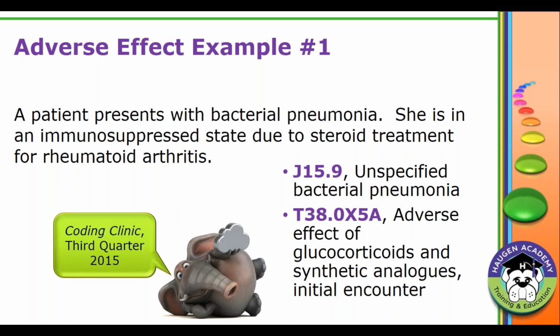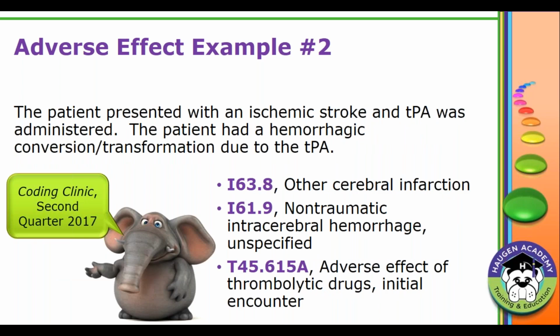But the interesting thing they said is that you don't code the immunocompromised state if it is an adverse effect of a medication. So in this case, we code the J15 for the pneumonia first, and then we assign our adverse effect of those glucocorticoids as a secondary. Looks kind of odd, you know, how does a glucocorticoid cause pneumonia? But because it did compromise the patient's immune status, it is coded as an adverse effect.